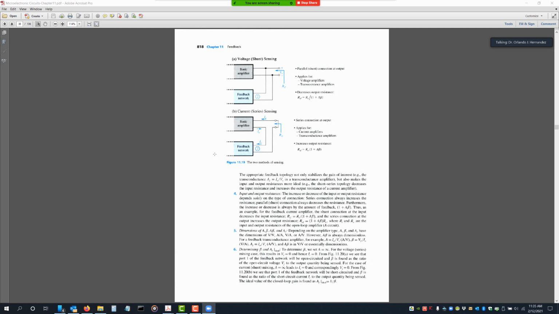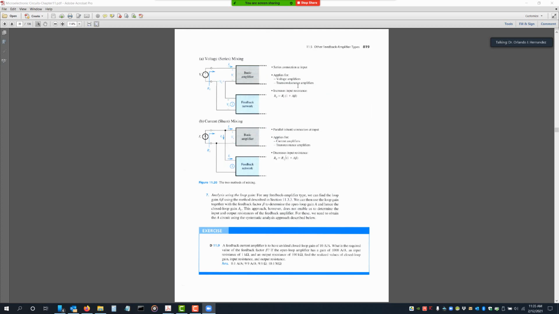It is also giving you the impedances, the output impedance here on this side for the overall system, and here is giving you the input impedances for both types of mixing on the input side of the system. Okay, so these pictures are important.